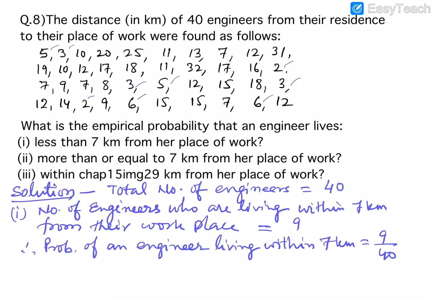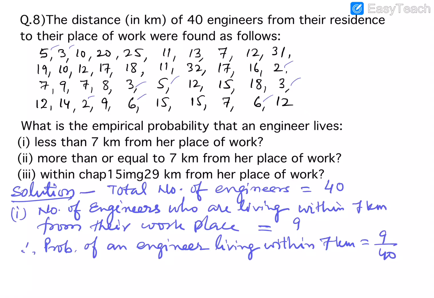For the question number 8 in textbook, it is given that refer to question 2, exercise 14.2, and this is as given here. The distance in kilometer of 40 engineers from their residence to their place of work were found as follows: 5 kilometer, 3 kilometer, 10, 20, 25, 11 and so on.